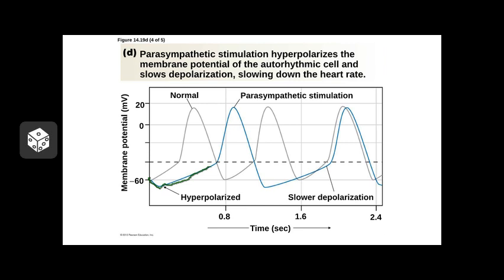It actually would be hyperpolarized, which means it's going to take longer to reach threshold. Now, the fire part is going to be the same, but the drift is taking longer, and that means the entire rate is slowed down. That's why the parasympathetic effect of acetylcholine results in a decrease in heart rate.